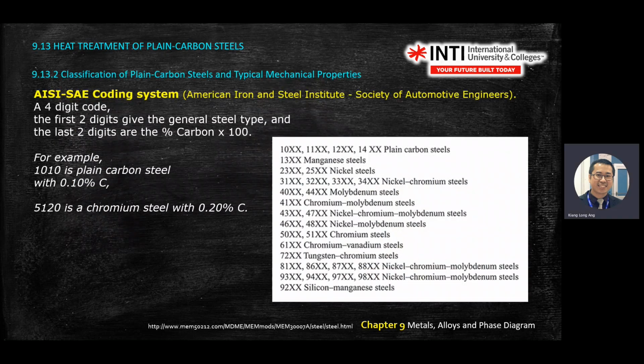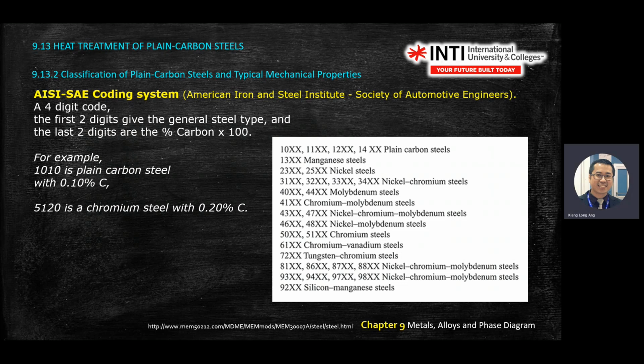Then you have the American system, AISI. There's a 4-digit code that I showed you on the graph. What do the digits mean? The first 2 digits are the steel type, and the last 2 digits are the percentage of carbon times 100.